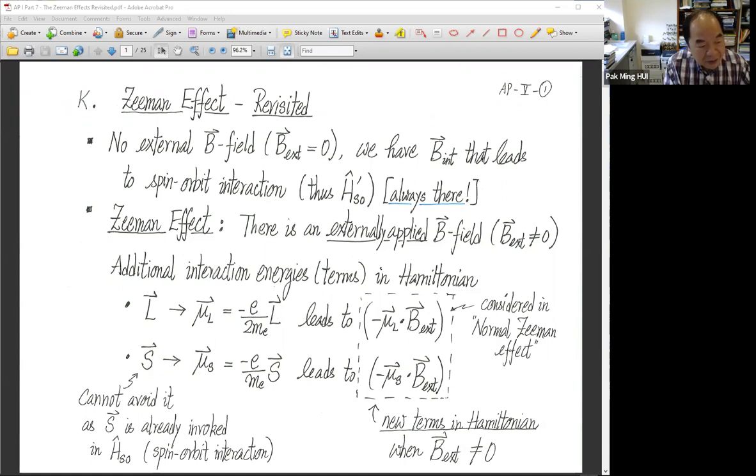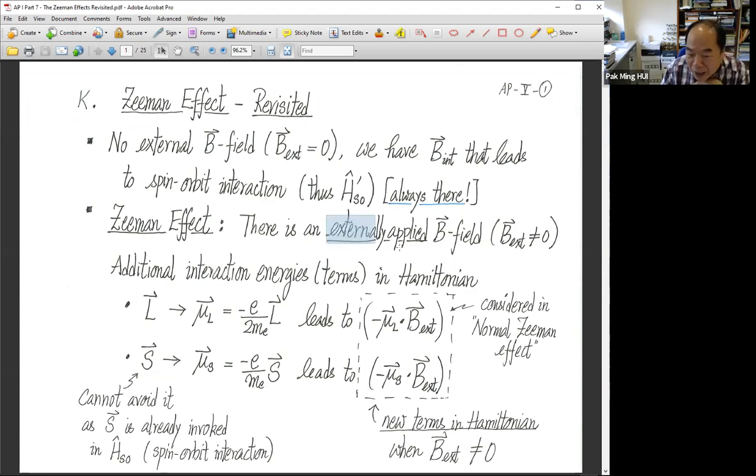Right? So that is a byproduct. Once you include spin into consideration, automatically you gain an internal magnetic field. So we just discussed the effect of this. And now let's put everything together.